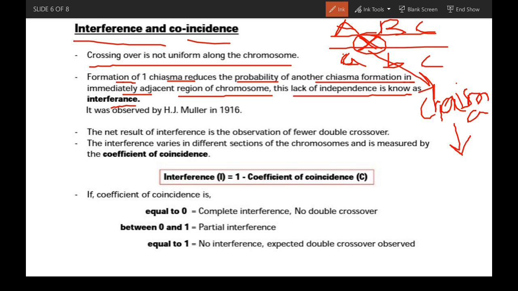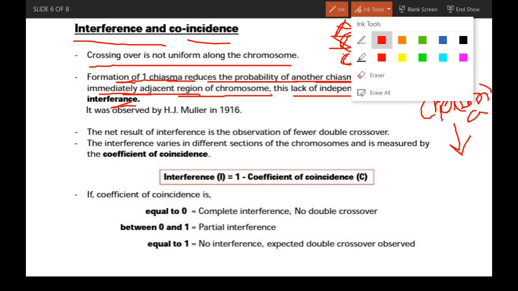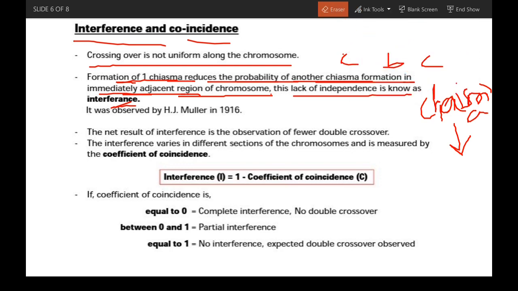That is, double crossing over is seen very infrequently, and the formation of one chiasma reduces the probability of another chiasma formation in the immediately adjacent region. This chiasma would not let any more crossing over occur here and here. In the adjacent region, one chiasma does not let other chiasmata form. This lack of independence is known as interference. So this is interference.